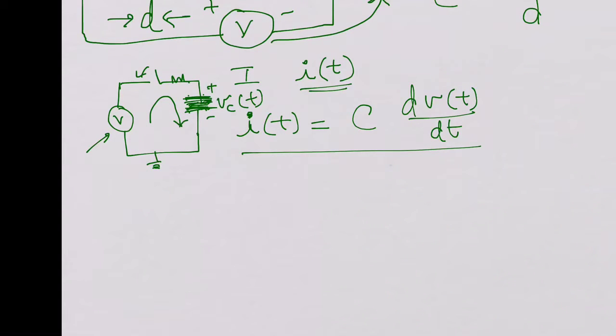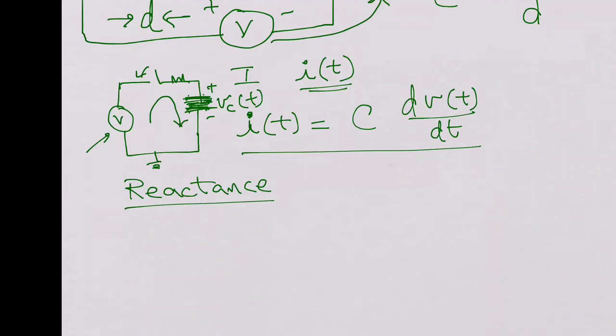Now, if you want to see what kind of resistance the capacitor has, you cannot really call it a resistance now. It is a kind of an imaginary quantity, and it is called reactance.